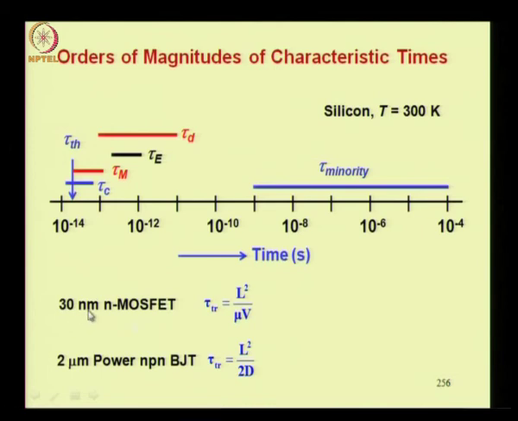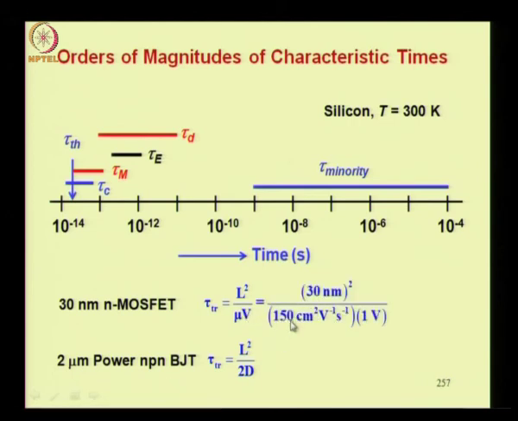Let us take a 30 nanometer n type MOSFET in which the electrons will flow by drift, and let us take a 2 micron power NPN BJT. So here 2 micron refers to the base width, whereas 30 nanometers here refers to the channel length. So this 30 nanometers is L over here, and this 2 micron is the base width, which is also represented by L, so that we can compare these two relations.